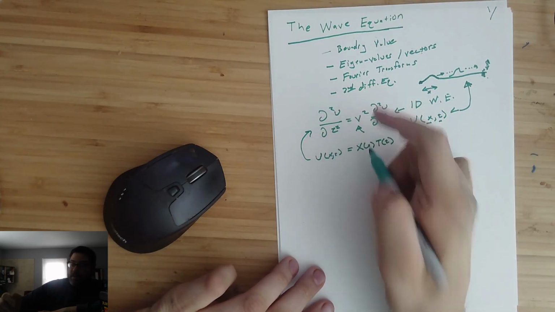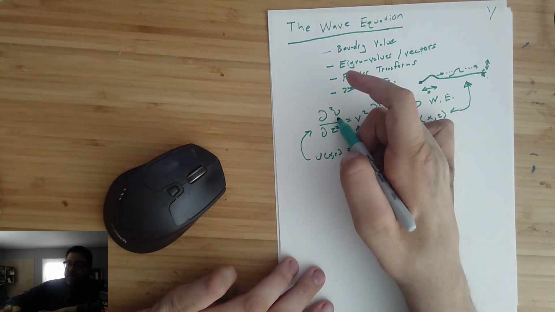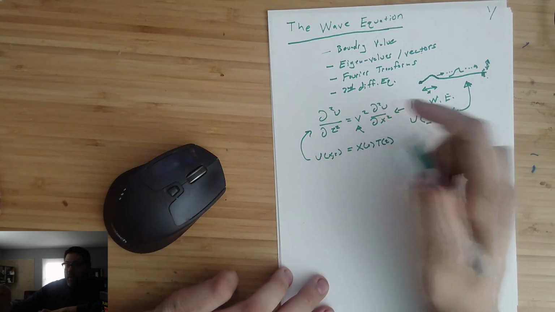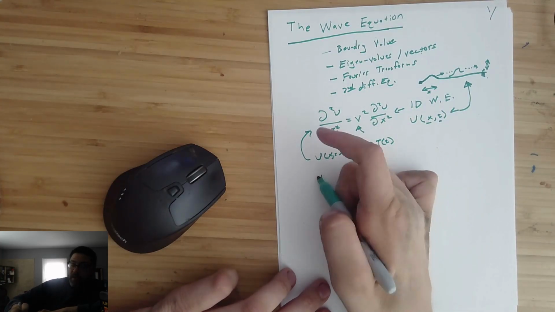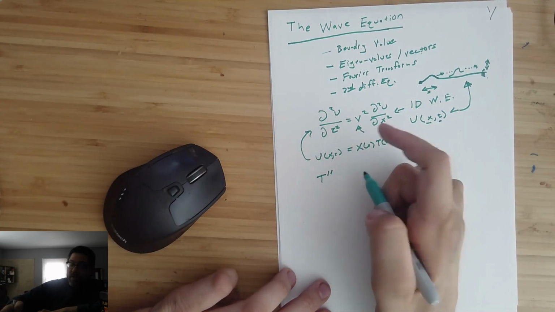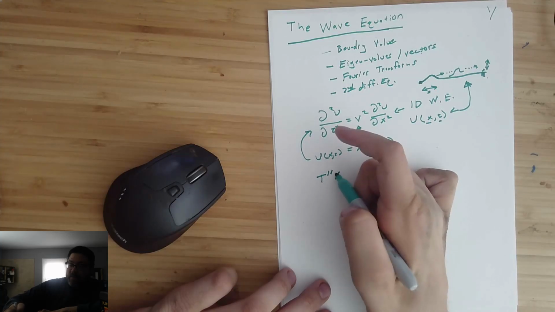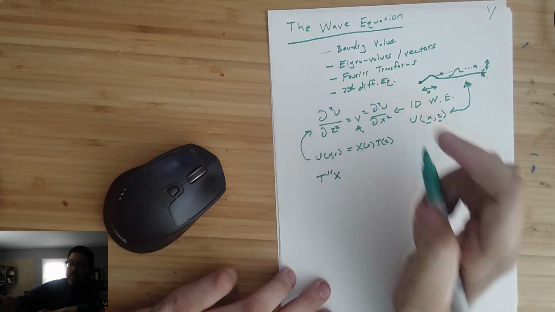When we plug that into this equation, the partial derivative with respect to t doesn't care about x, it just treats it like a constant. So therefore we're going to get the second derivative of T times X for this side.